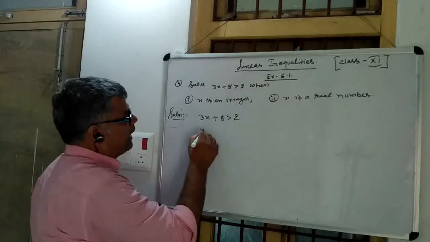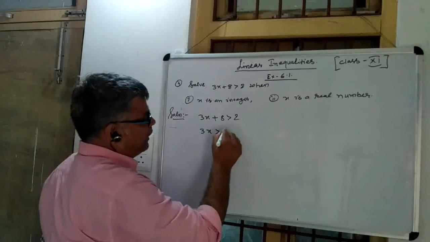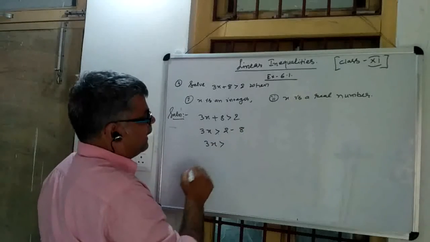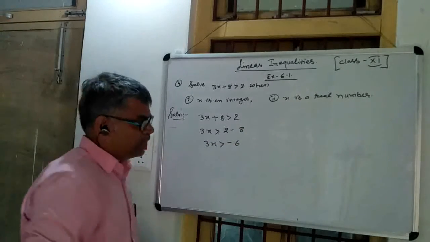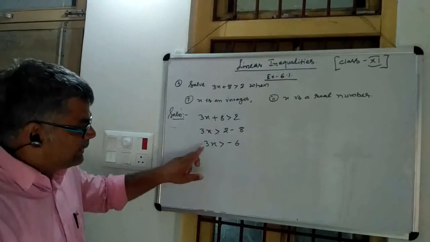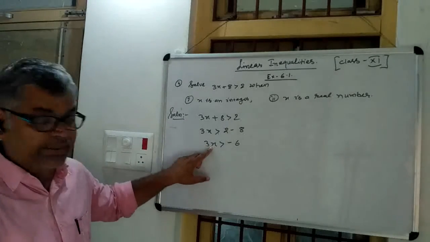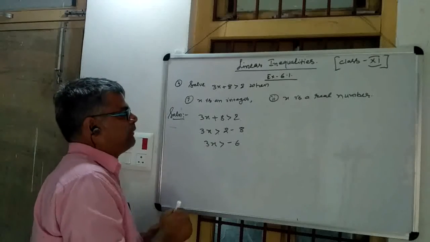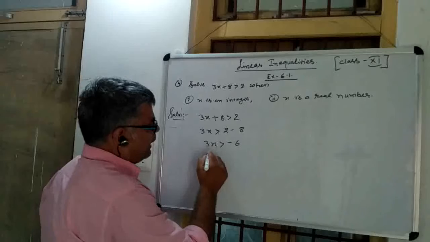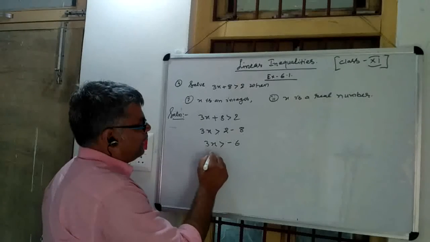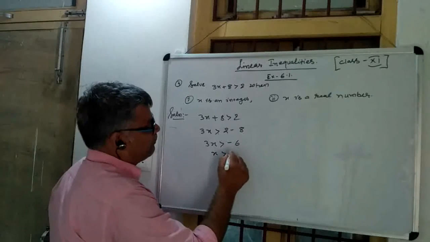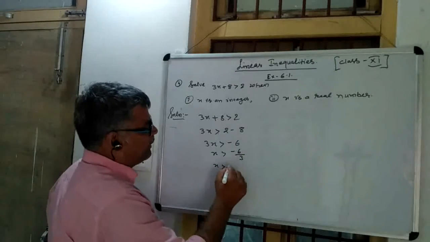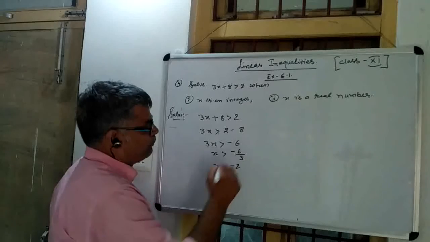So we can write 3x is greater than 2 minus 8, which is 3x is greater than minus 6. Now we have to remove this 3 from the x, so we need to divide the inequality by 3 on both sides. Then we will have x is greater than minus 6 by 3, that is x is greater than minus 2.